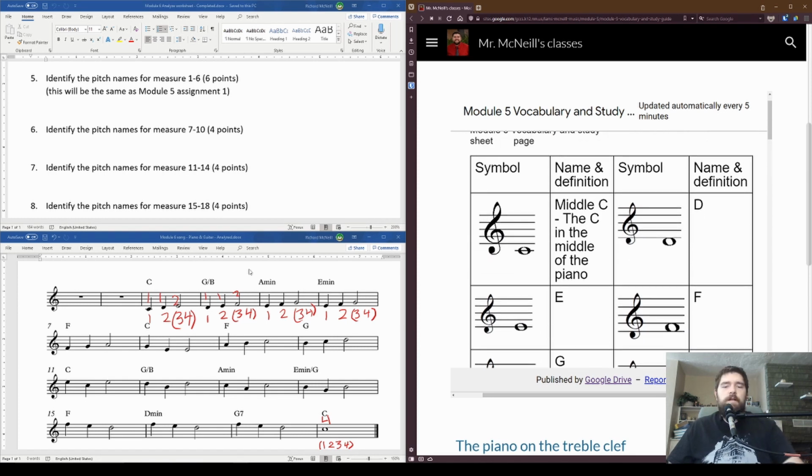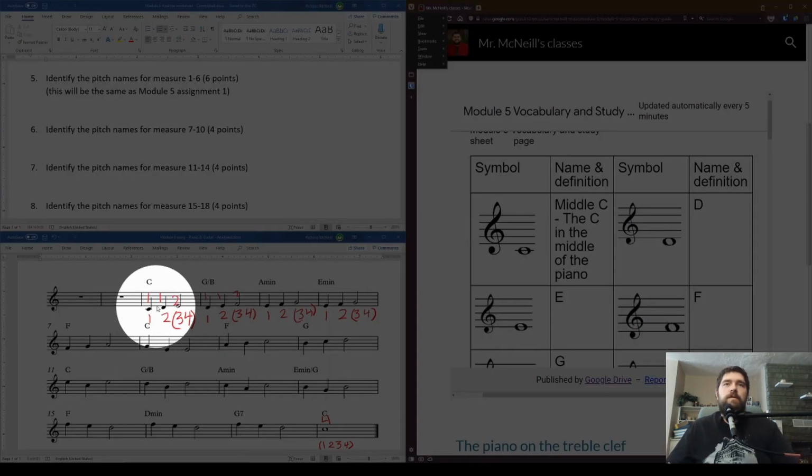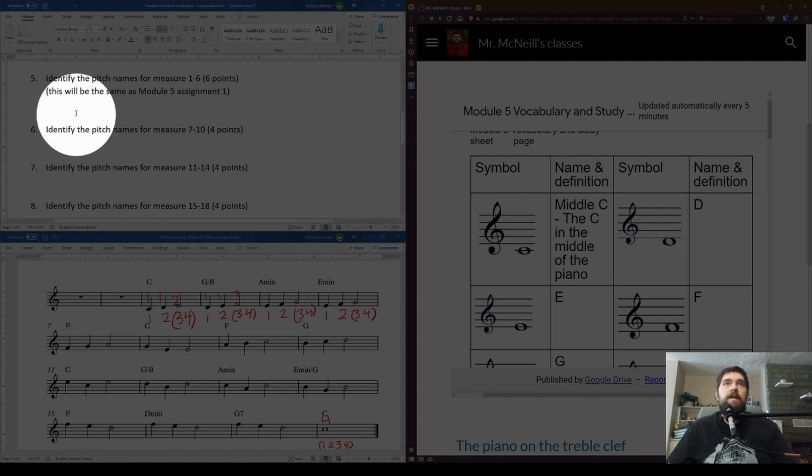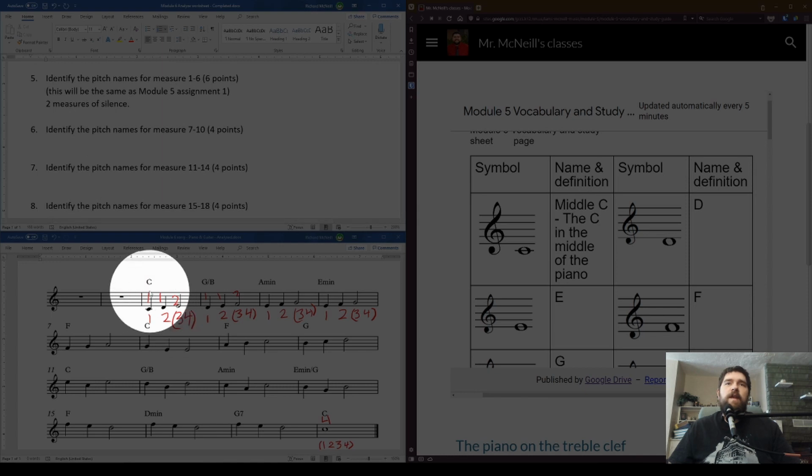Let's take a look at the very first measures. Our first two measures are silent, so we need to notate that. I've written down two measures of silence. After those, we want to know the letter name.